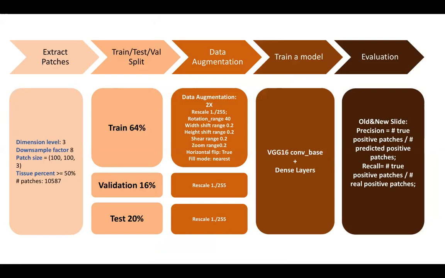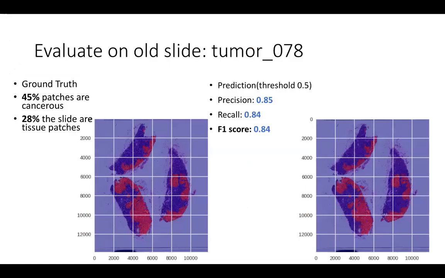I used precision and recall as my evaluation metrics. Precision is defined by the number of true positive patches divided by the number of positive patches predicted by my model. And recall is defined by the number of true positive patches divided by the number of positive patches by ground truth. And here are the results.